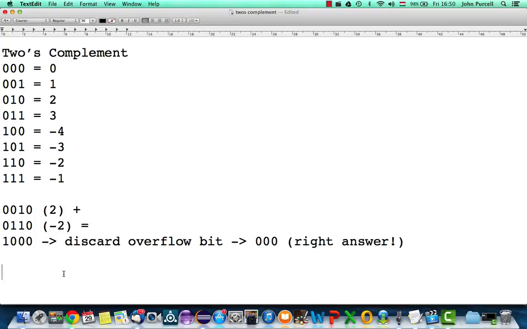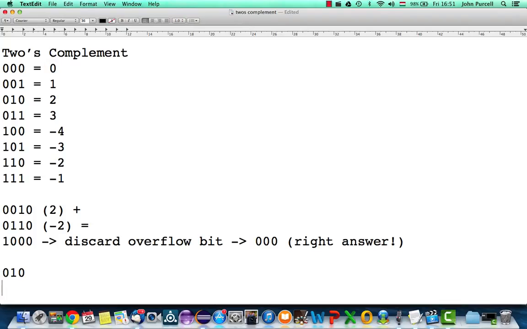Let's take another example just for fun. Let's do 2 and minus 3, which should give us minus 1.